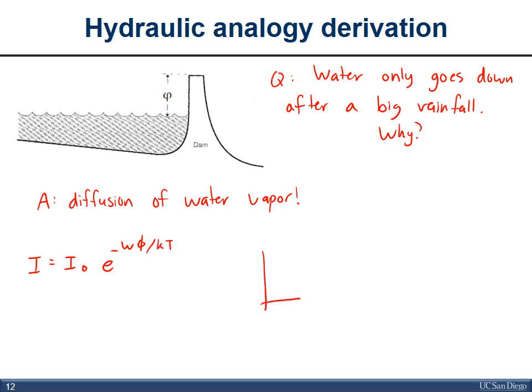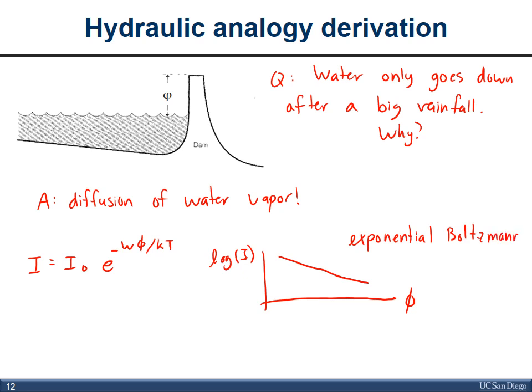And if we plot φ versus the natural log of the current here, what we'll see is an exponential function. So this is an exponential Boltzmann relationship.